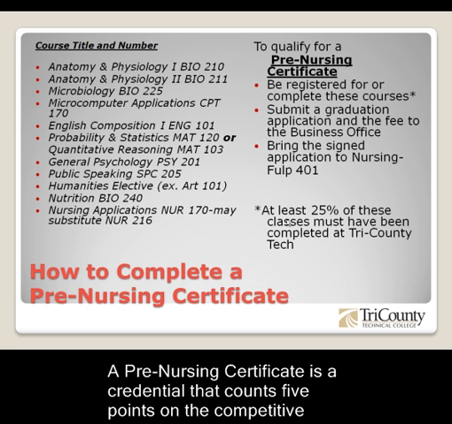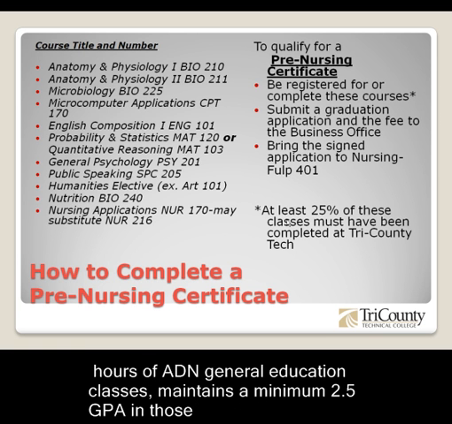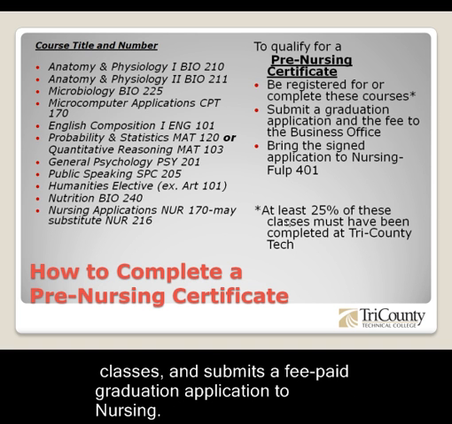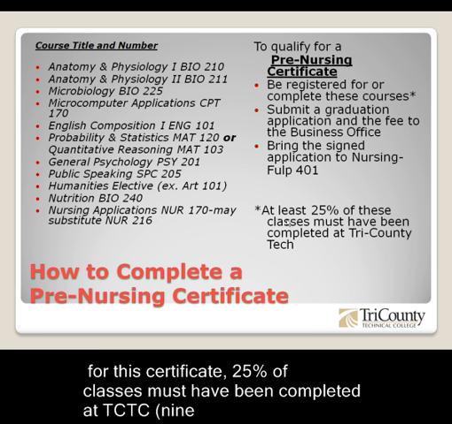A pre-nursing certificate is a credential that counts 5 points on the competitive application. To qualify for a pre-nursing certificate, a student takes these 34 credit hours of Associate Degree Nursing General Education classes, maintains a minimum 2.5 GPA in those classes, and submits a fee-paid graduation application to nursing. A student will need to note 2 additional facts about this certificate.